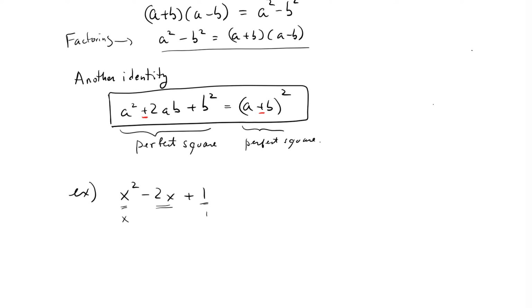It's not exactly the square root, but what I mean is that this is x times x, so there's an expression that can be squared to give me back x squared. And the 1 here, that's 1 times 1. So if I collect this term and this term, and I see that the one in the middle is twice the product of x and 1, that means it's a perfect square.